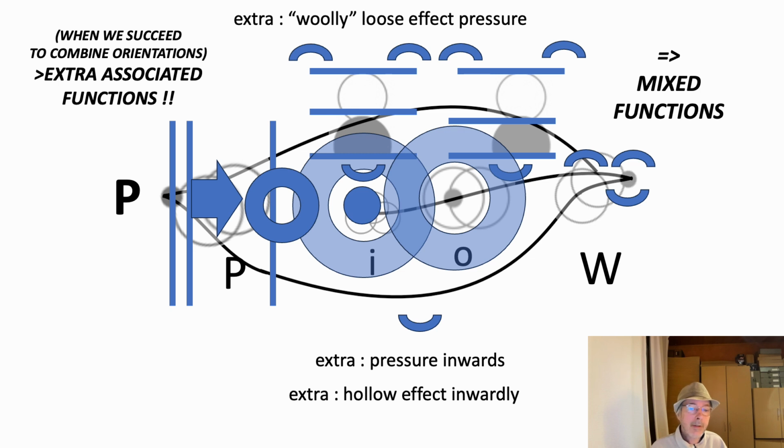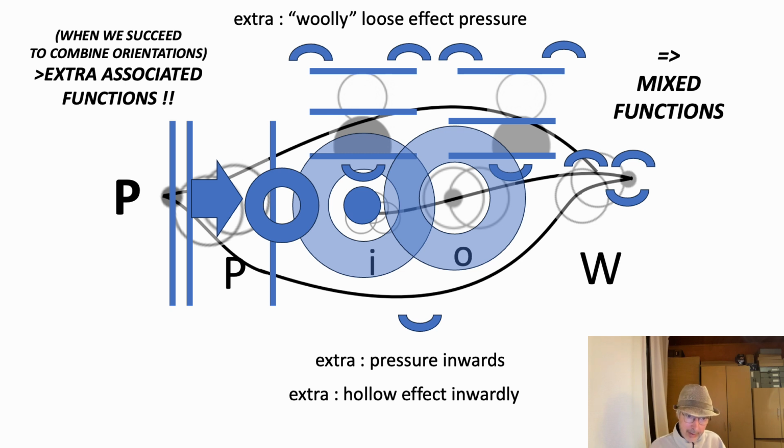So the P will cause, by combination, mixed functions. So the pressure will be at the W. So in a soft way of pressure, it will create at the end a woolly or loose effect of pressure.